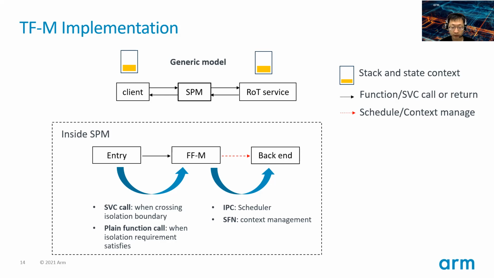This part is specific to isolation, but not specific to models. The backend part checks the model. If the target service is an IPC service, the scheduler will be activated by the SPM. If the target service uses an SFN model, the context will be managed by the SPM. The backend part is specific to models.